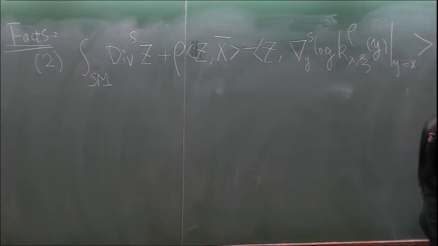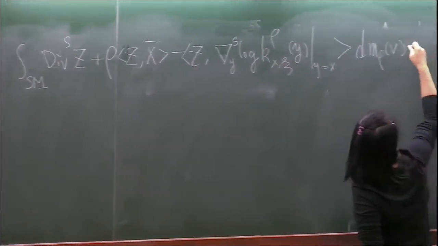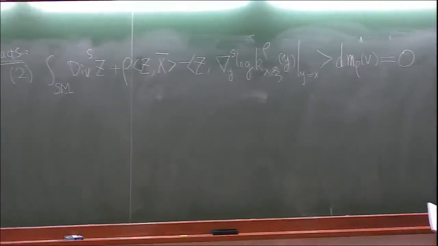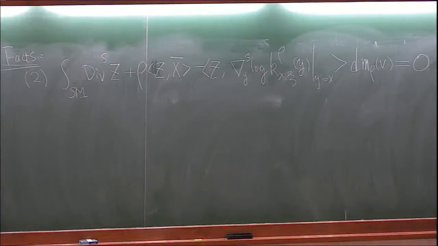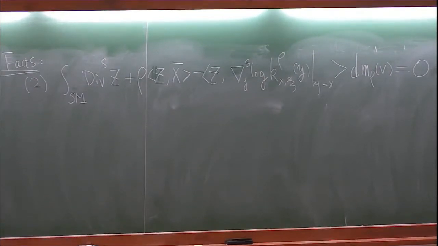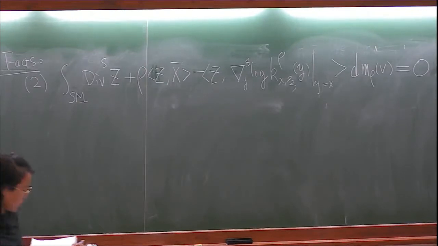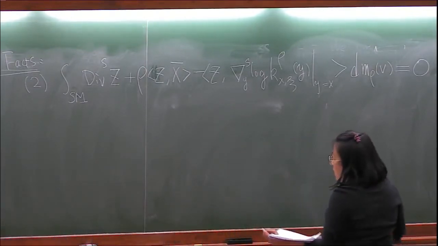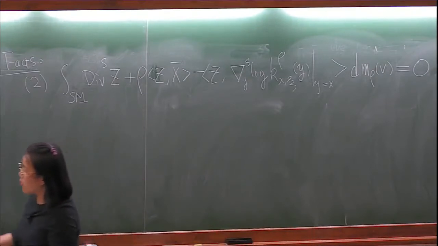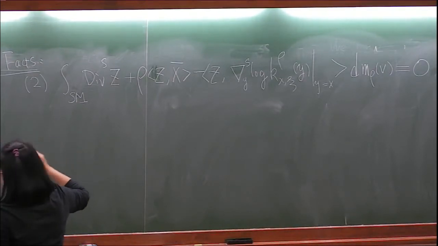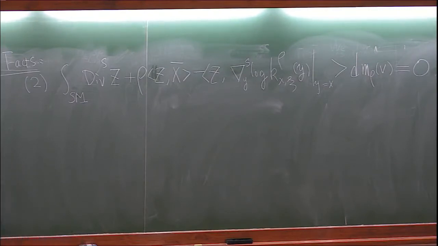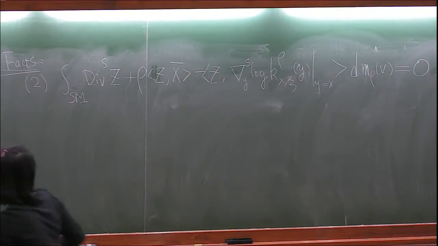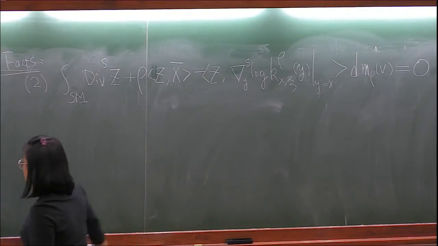Gradient is 0. Again, you use this property. Now we only have this extra term here, right? With this extra term, you know this Martin kernel is harmonic for this operator. So you will use integration by parts. So far, we haven't used this fact of the Martin kernel.